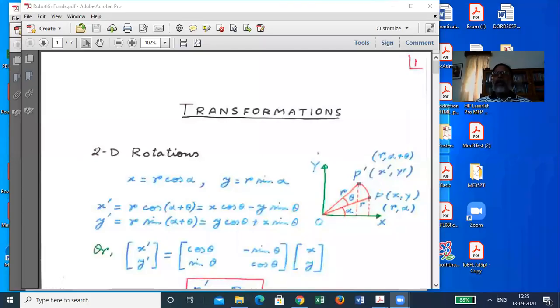And by solving the resulting equations, we will actually solve the inverse position kinematics problem.